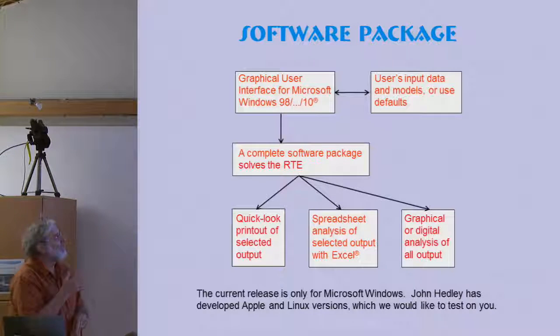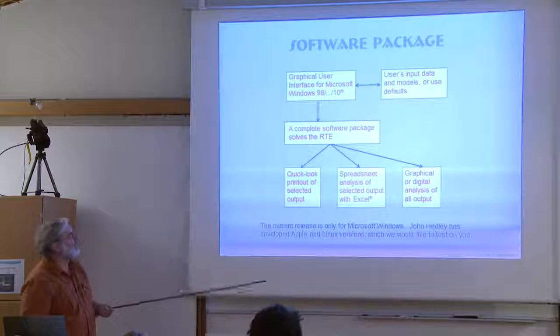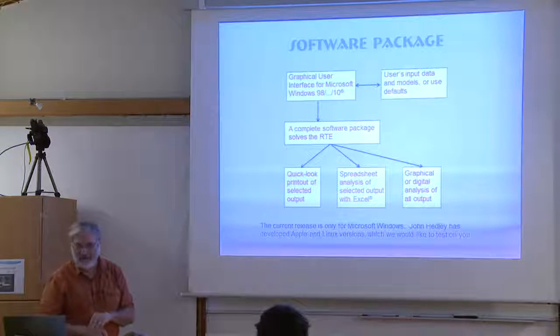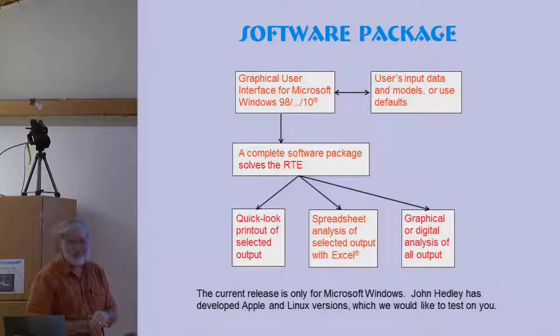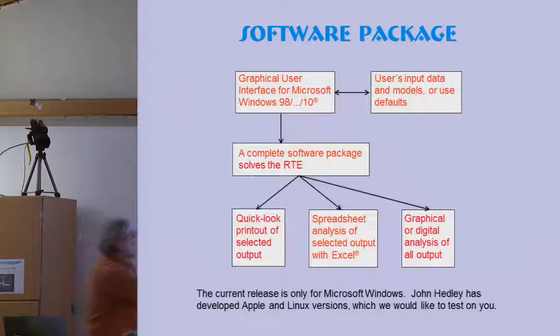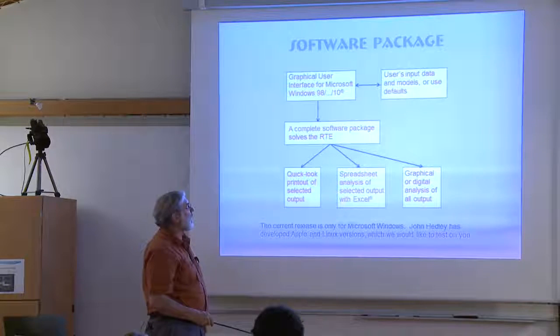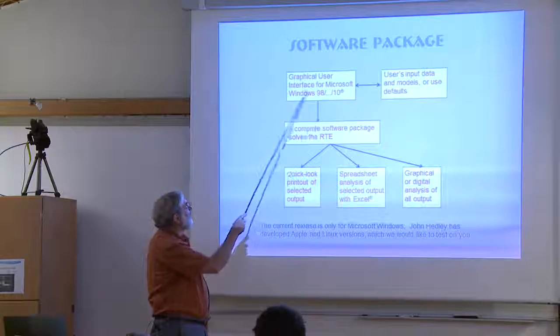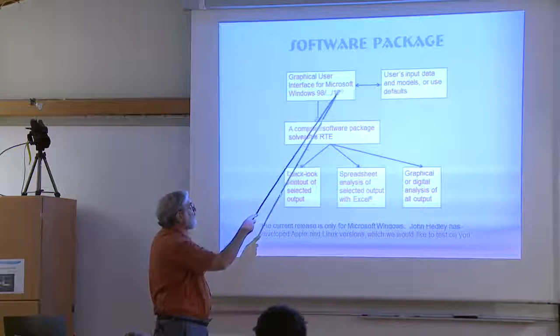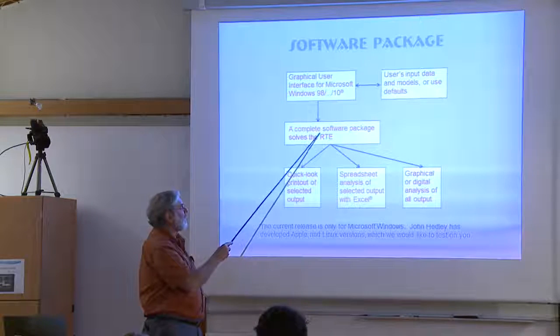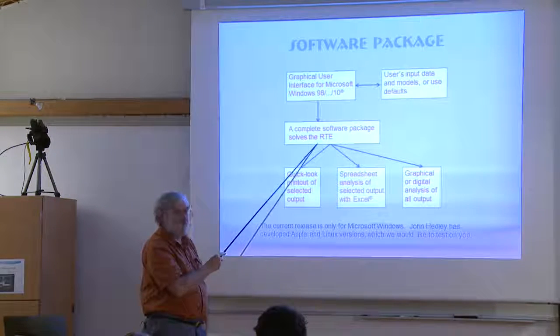Okay, in the software package, there's basically this user interface that, in the version we have here, runs on Microsoft Windows. You're going to run that. It's going to ask you all these questions about your input to define the problem. Then the interface collects all this information and passes it on to Hydrolight, which solves the radiative transfer equation.